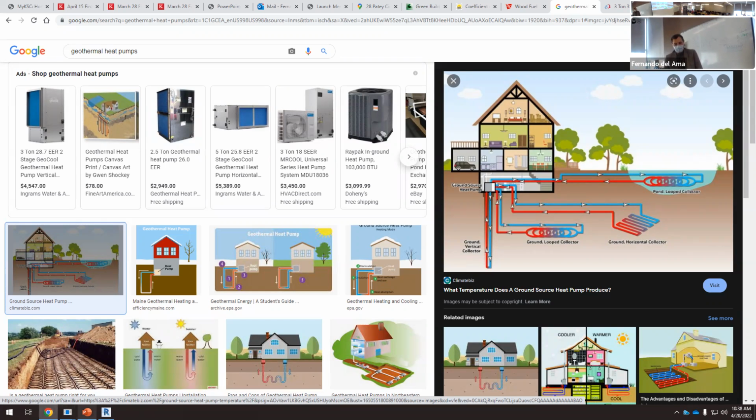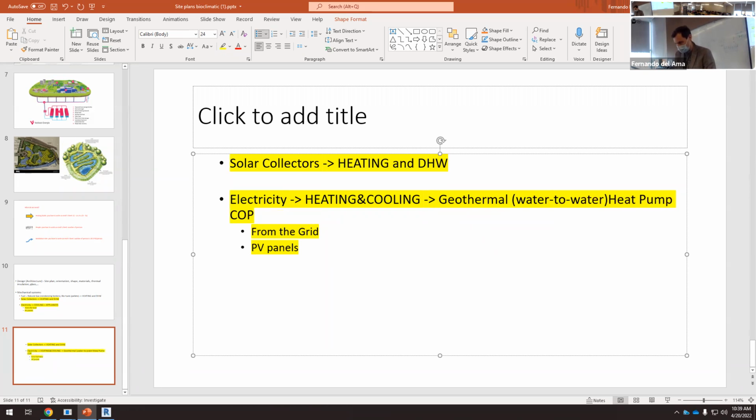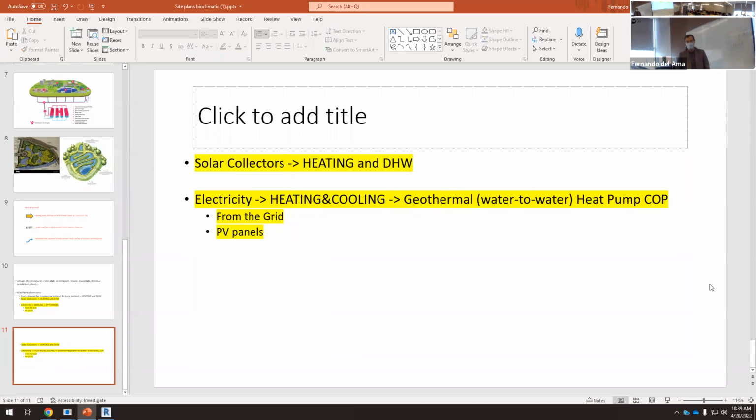And in this case, I recommend you use a heat pump, let's say a geothermal or water to water heat pump, because it's more efficient than anything else. And the electricity that we need, 103, not 413, is the electricity that we need to get from the PV array.